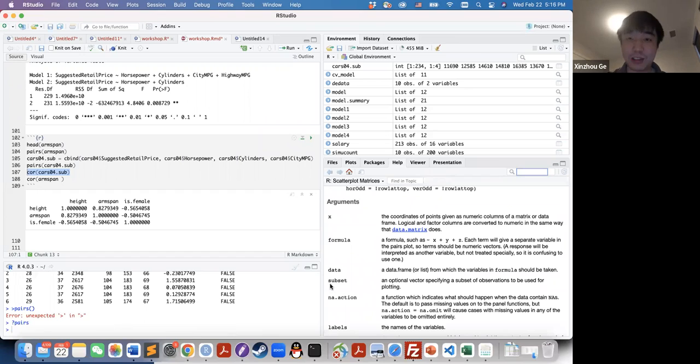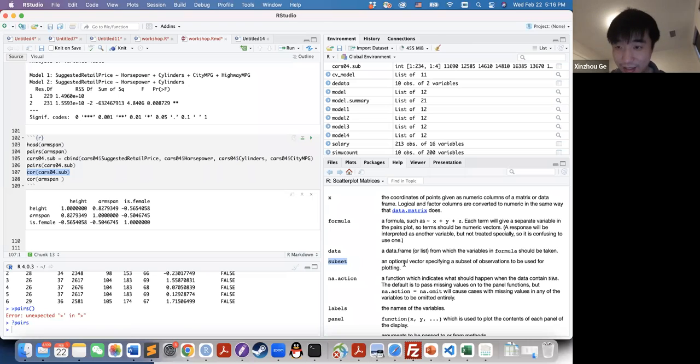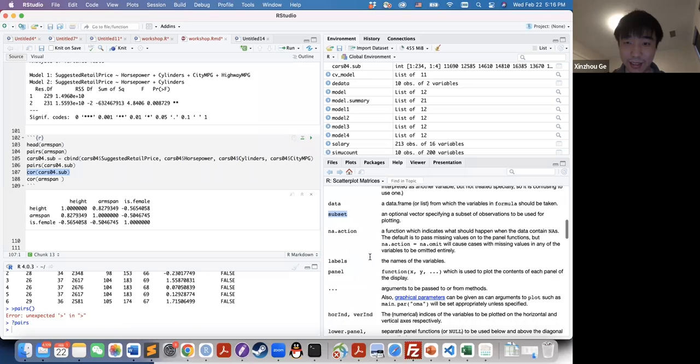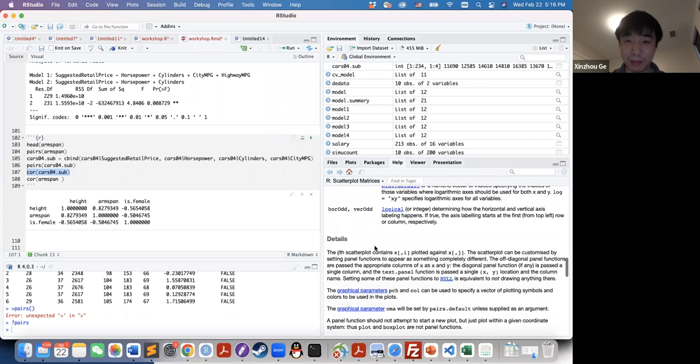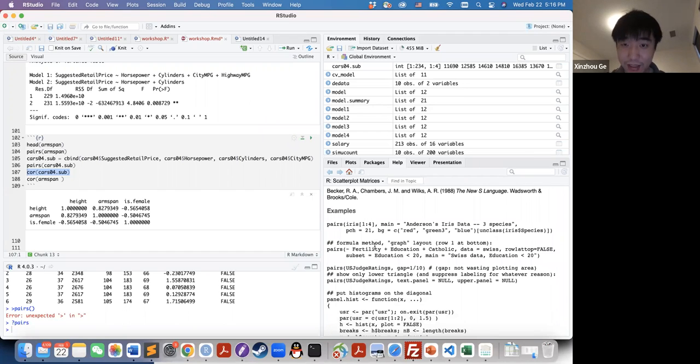Okay, oh yeah, it does have an option to only include a subset of the whole dataset. And I think the labels is also an optional way to select a subset from the pairs function. Yeah, you can do this within the pairs function.